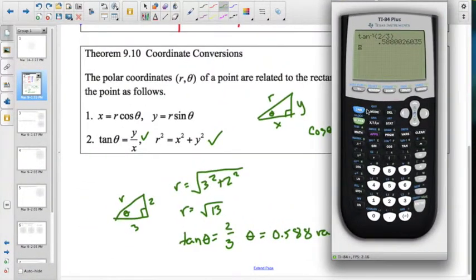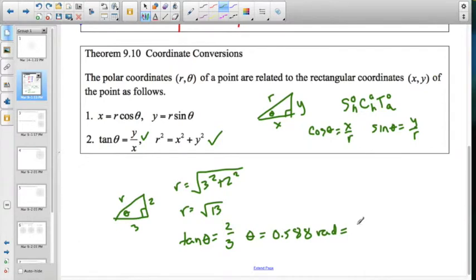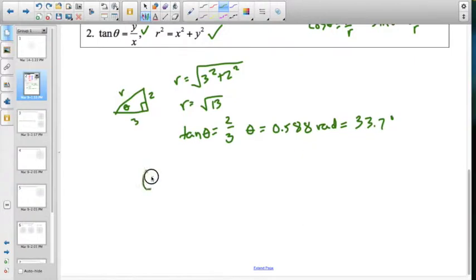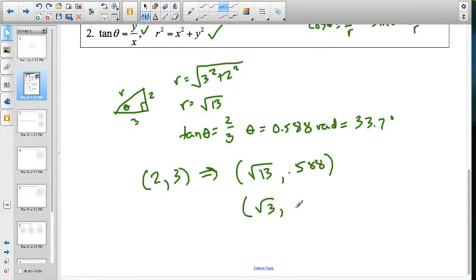And let's get into degree mode here for a sec. If I retype inverse tangent of 2/3, I get 33.7 degrees. So the Cartesian coordinate 3, 2 transitions into a radial component of the square root of 13, 0.588, or we could say the square root of 13, 33.7 degrees, as long as we make sure we put the degree symbol there.